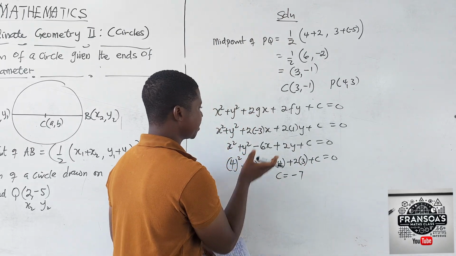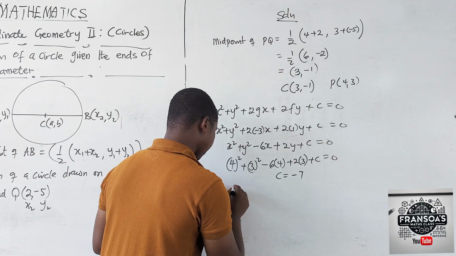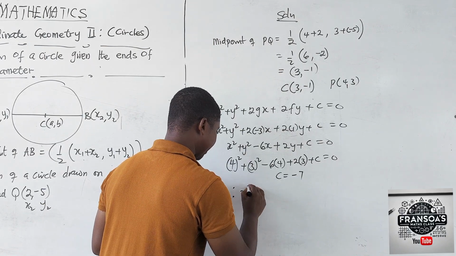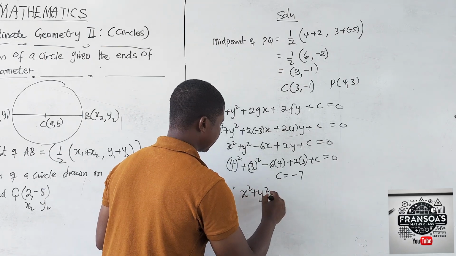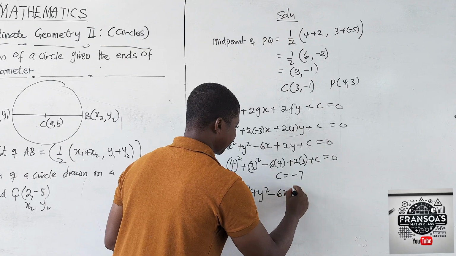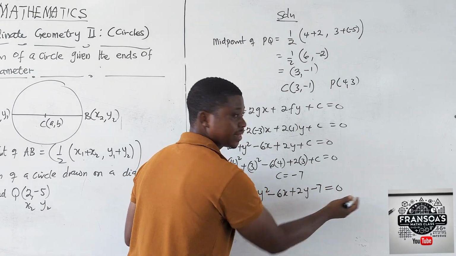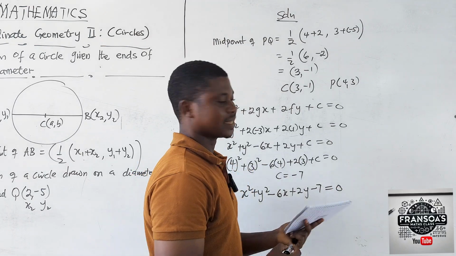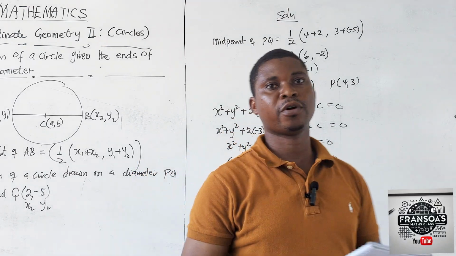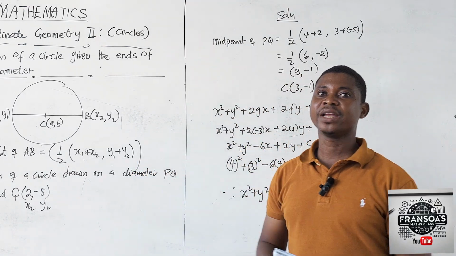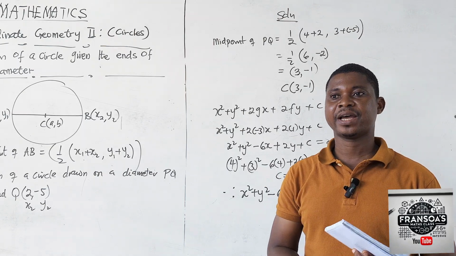Having c to be negative 7, we can substitute it here. Therefore, our equation is x squared plus y squared minus 6x plus 2y minus 7 equal to 0. And this gives us our equation of the circle where we were given the ends of a diameter.